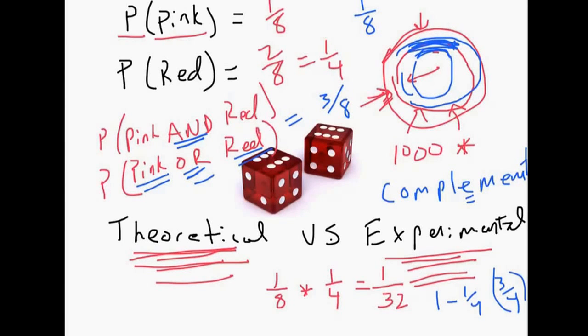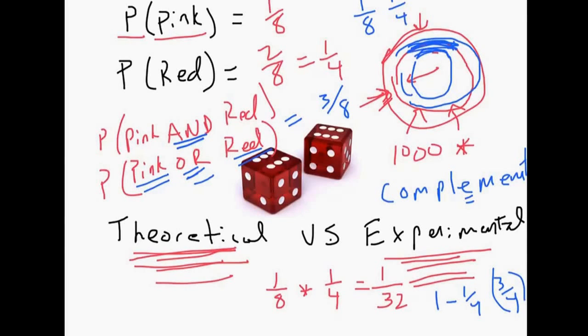But not only that, not only is it 1 out of 8 that you'll get the pink, but then you have to spin again. In this case, it's only 1 out of 4 chance that you're going to get the red. 3/4 of the time, you won't get the red. So in the 1/8 of the time when you do get pink, 3/4 of the time when you spin the second time, you're not going to get the red.